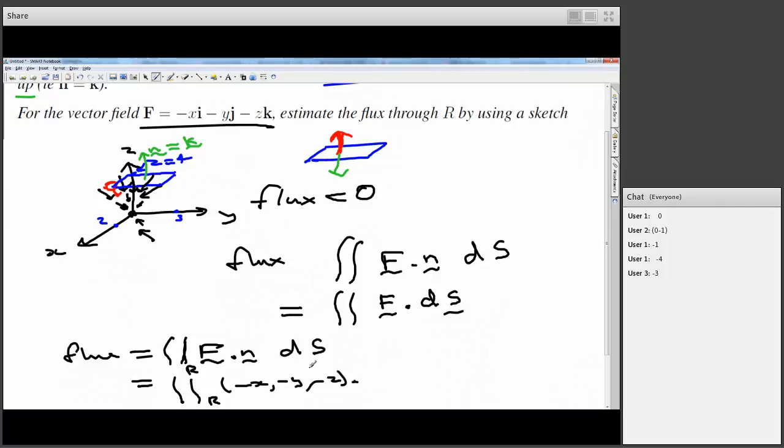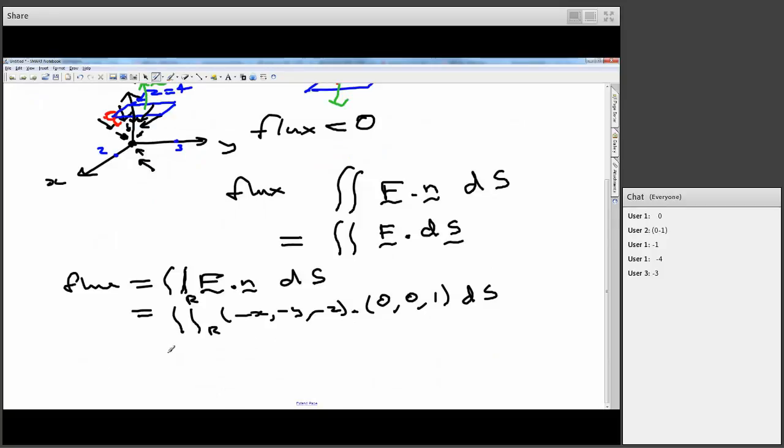And my unit normal, because it's a nice rectangle, easy to see, is just 0, 0, 1, dS. If you take the dot product, lots of things simplify because you've got lots of zeros there, and you're getting minus z dS in the end.